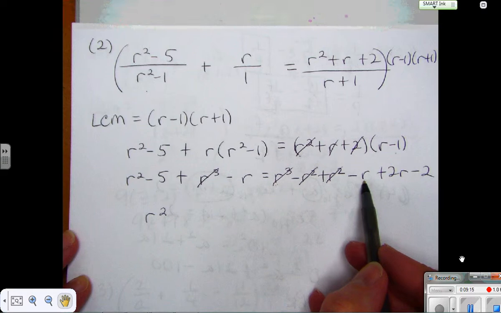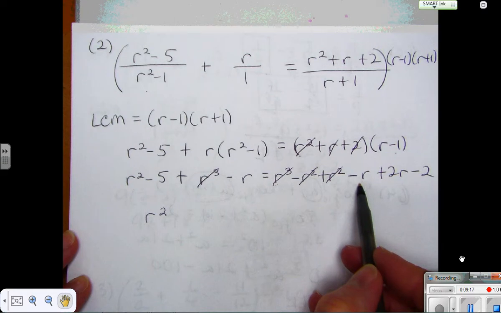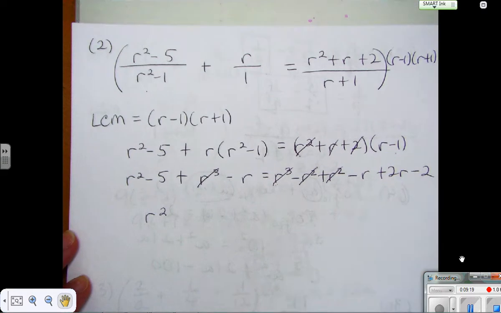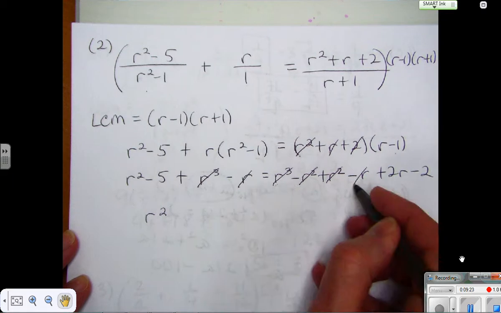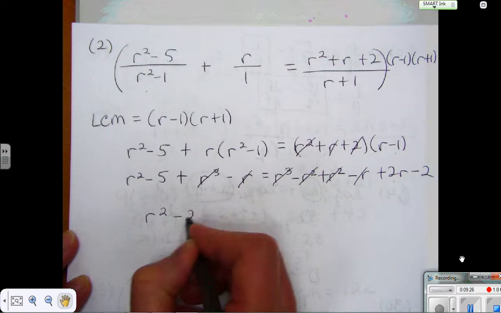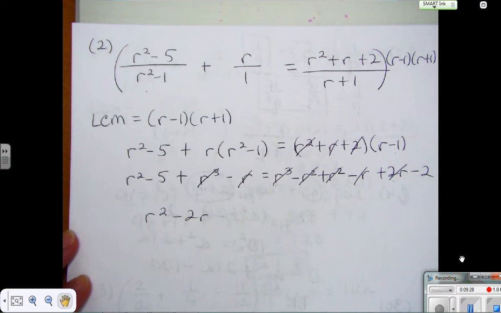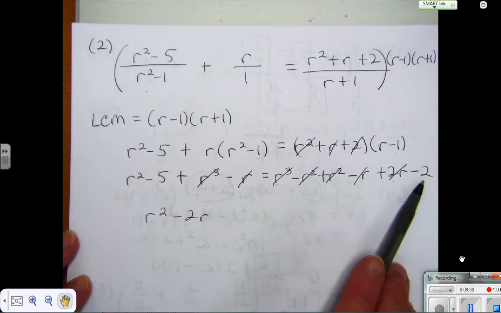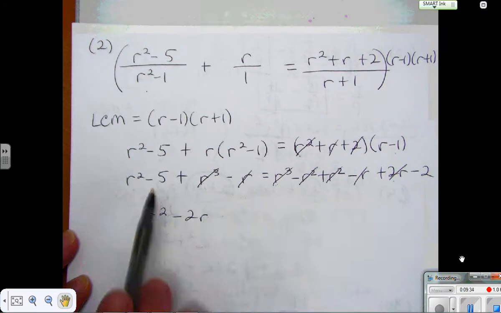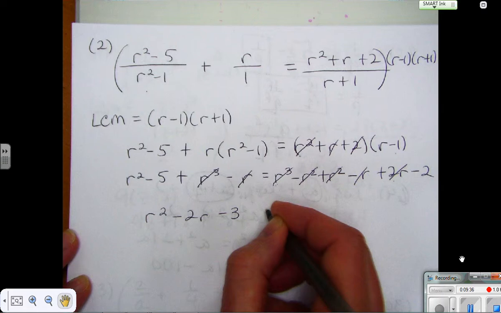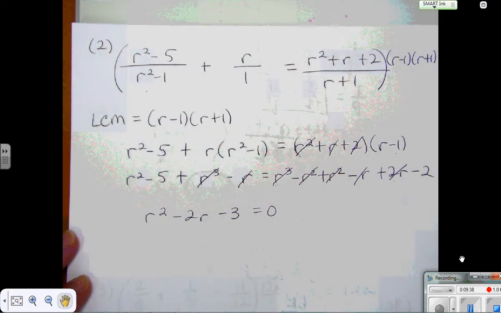And, let's see, yeah, these two R's cancel, right? But then I have this minus 2R. So it's going to be negative 2R. Okay, and then I can combine the negative 2, add it to negative 5, so it's going to be minus 3 equals 0. Okay, so we need to factor.